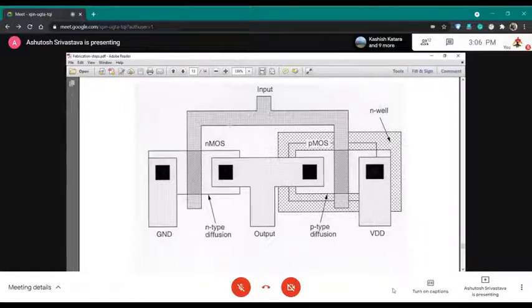So this is your polysilicon gate. Please note down this. Once you are able to understand this, then you can make any extended form.